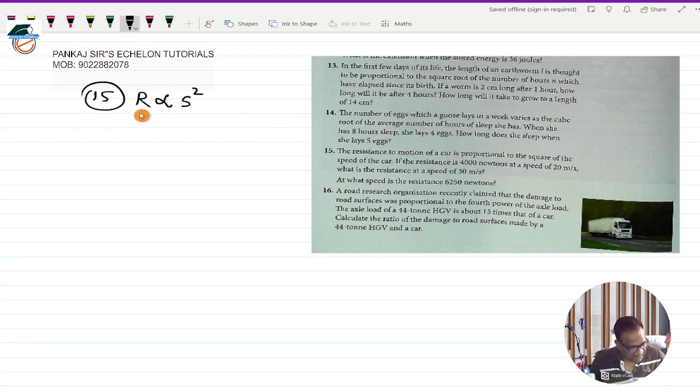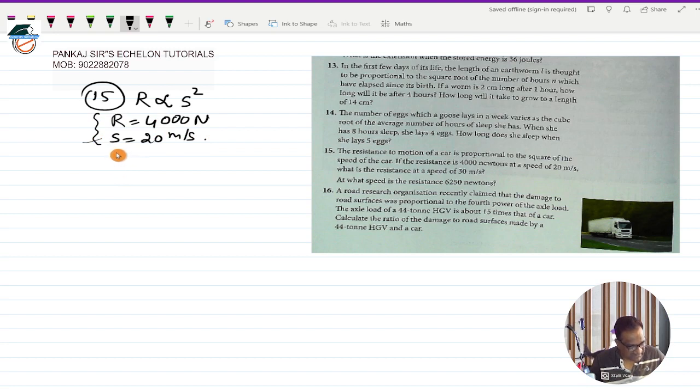Now further the question says that if the resistance is 4000 Newton, the speed is 20 meters per second. This is given. Now this information is going to help you find the value of K.